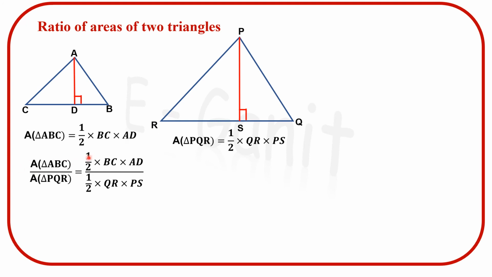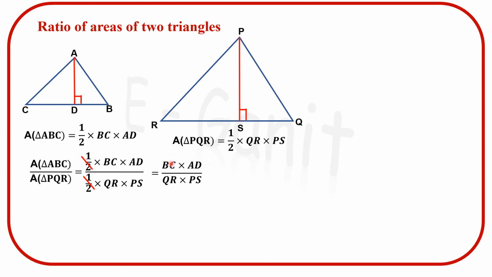Here 1 upon 2 means half, half is common, cancel it, is equal to BC into AD upon QR into PS.